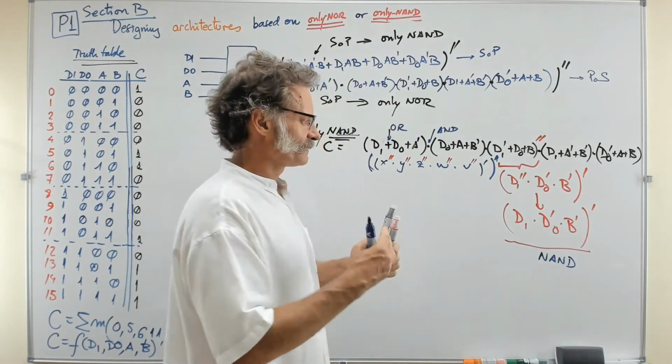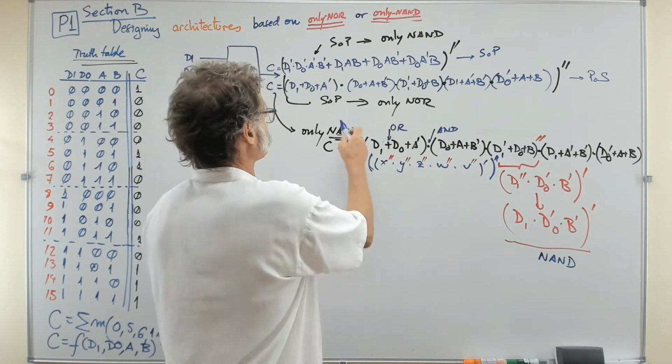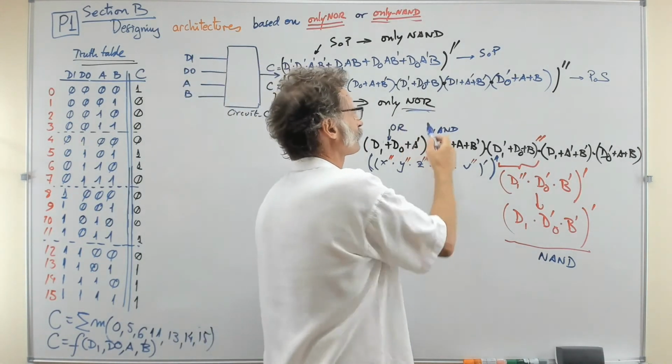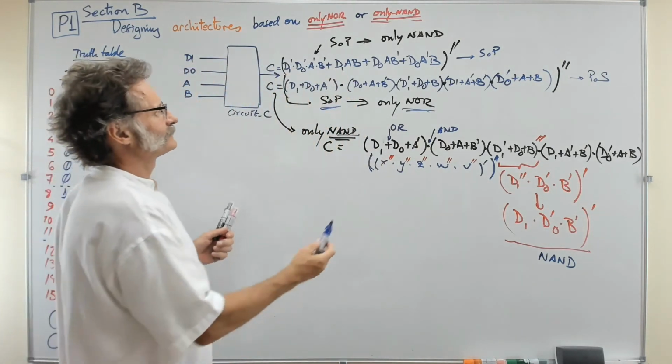But if you are not paying attention to this, you have that this expression, which is a sum of products, can be solved not only using NOR, as we did before, but using NAND. You see, and the same with the other one.